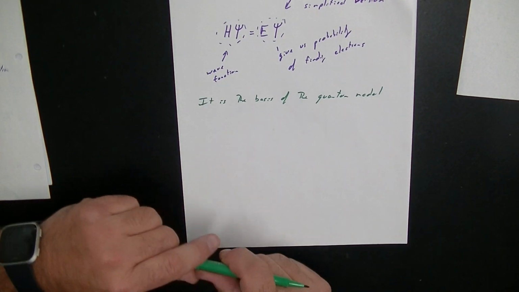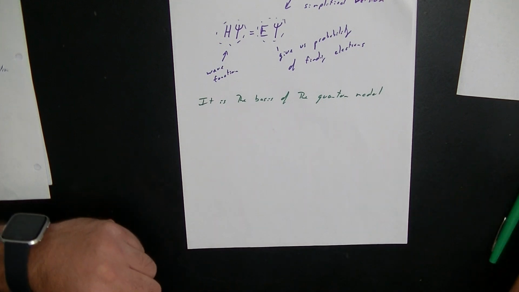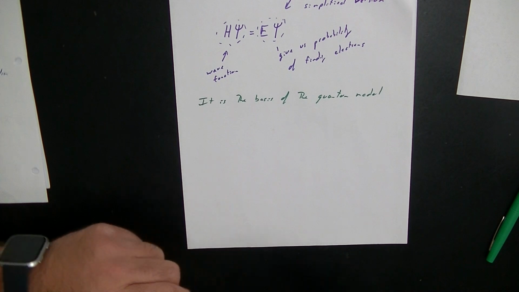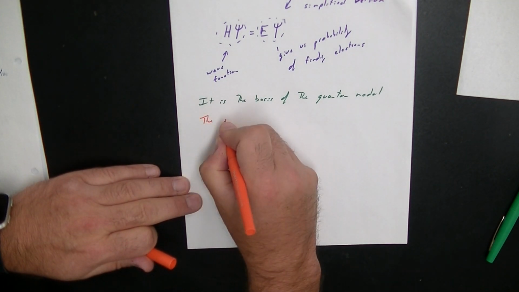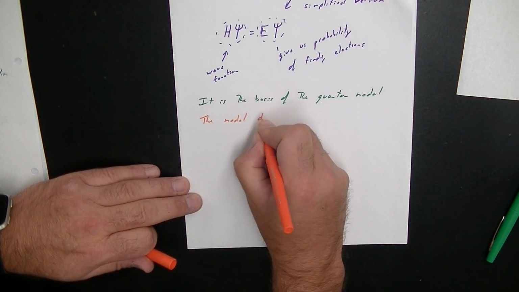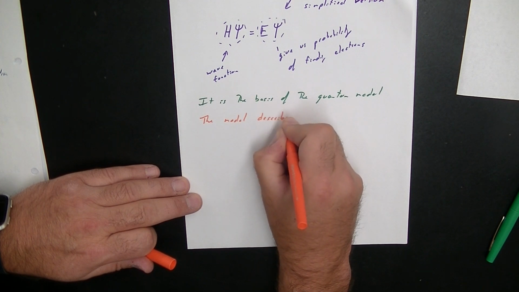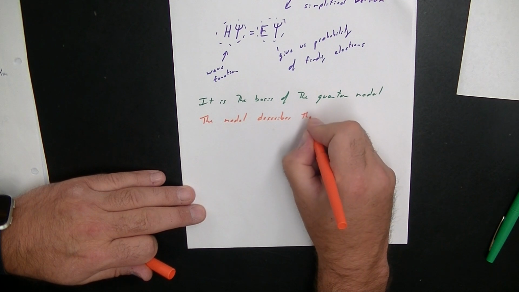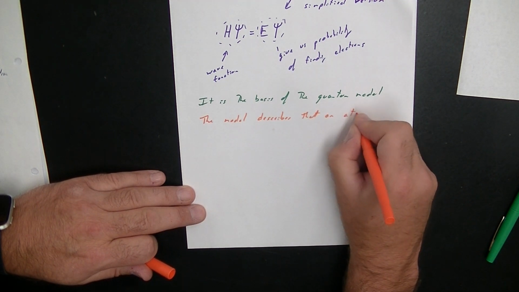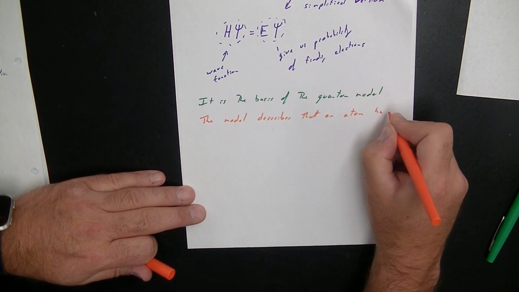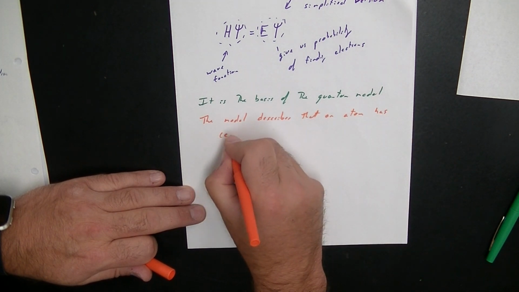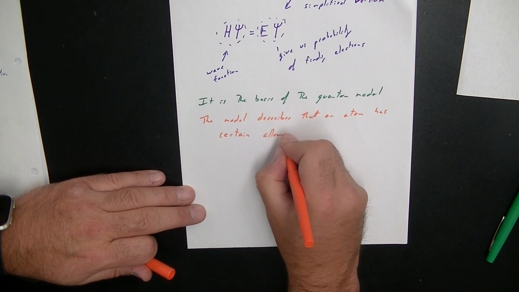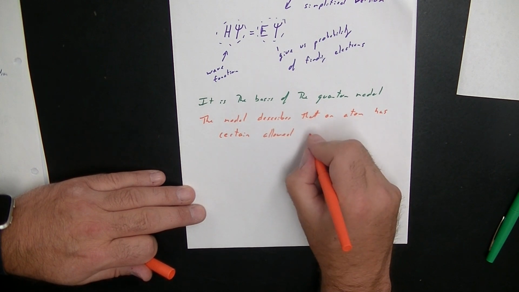And what it's doing, it's changing the Bohr model, and the model describes that an atom has certain allowed quantities of energy.